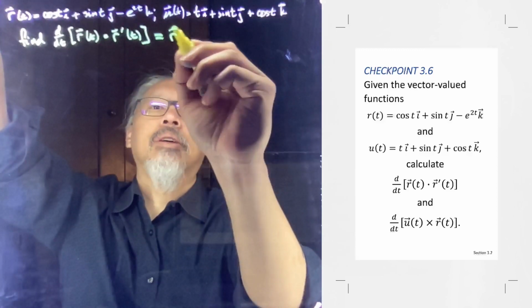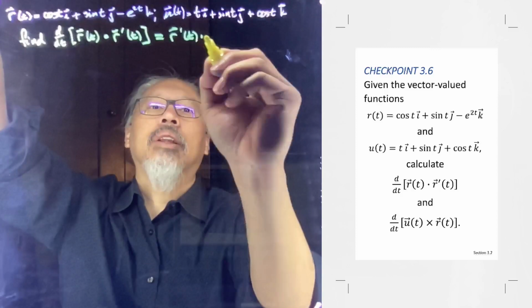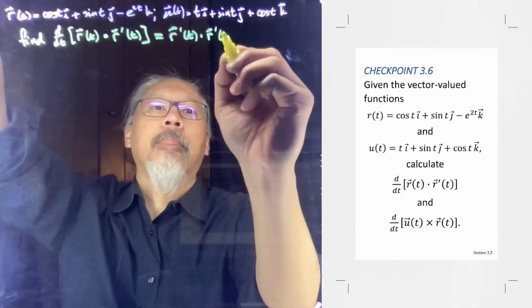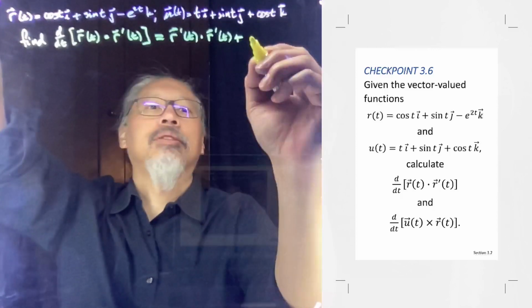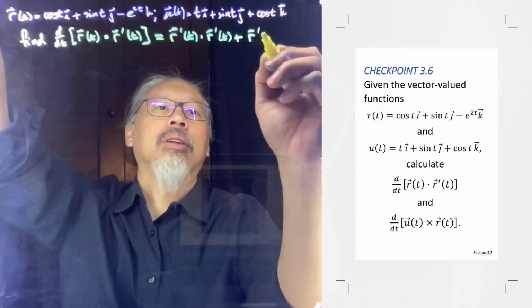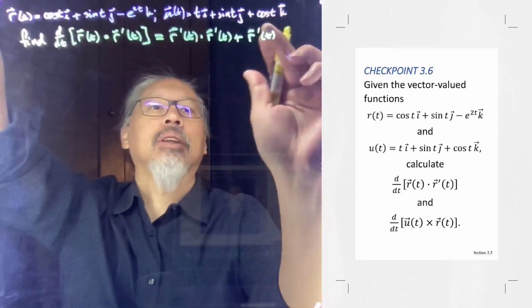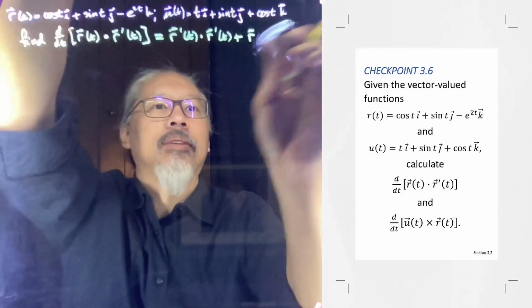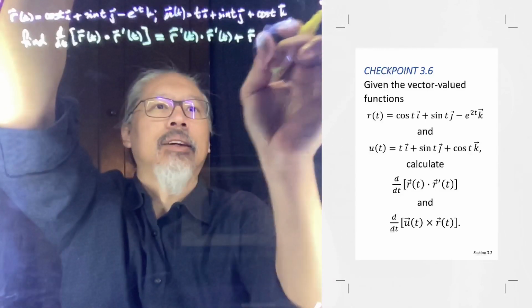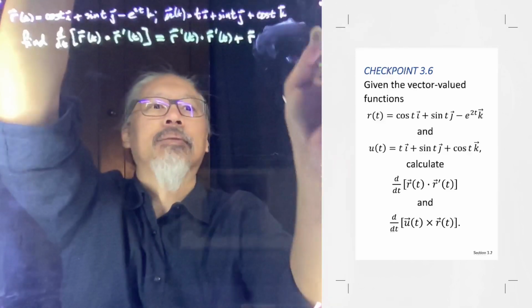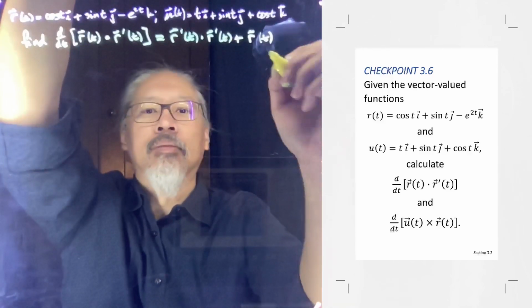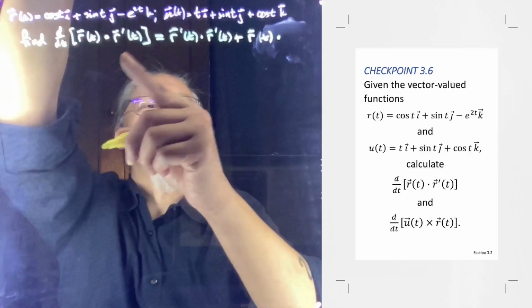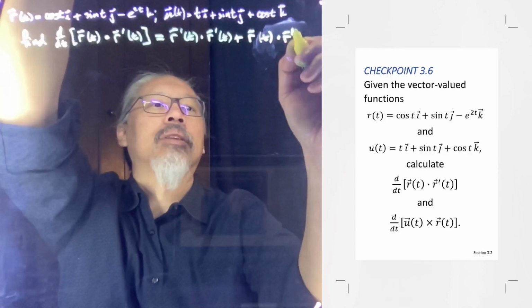So that's r prime of t dotted with itself, and then plus the first function, that's without the prime. So that's r, just regular r of t, and then dotted with the derivative of the second one, which is the second derivative.